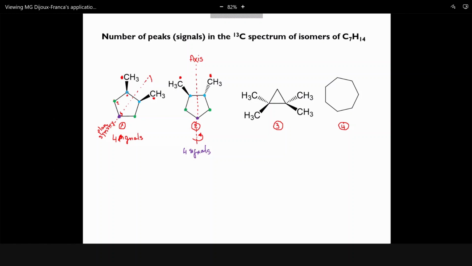For what? One carbon which doesn't connect to any branch, one of the 2 carbons of the ring, and 2 other carbons. Sorry, that one. Yes, and one of the 2 carbons in the ring.